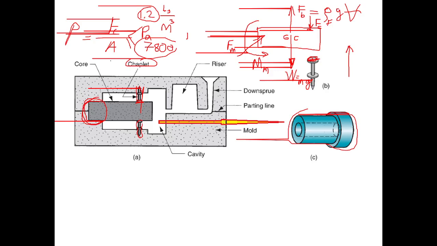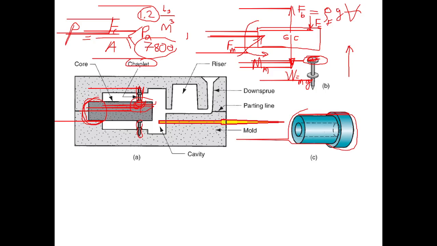But if it is greater, unfortunately, this part of the core will be damaged by the force exerted by the chaplet. Well, this is a design issue. Check whether the surface pressure is less than the allowable surface pressure. If the surface pressure is greater, then yes, increase the size of the chaplet. Use a greater chaplet, have a greater contact area. Yeah, it's a design issue.